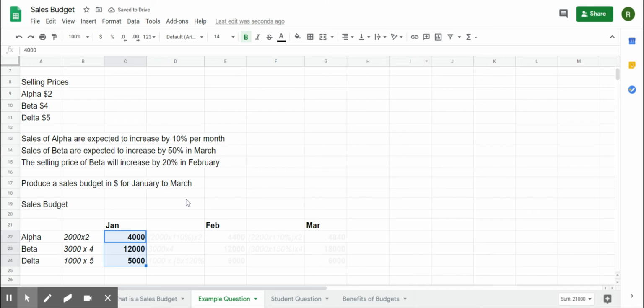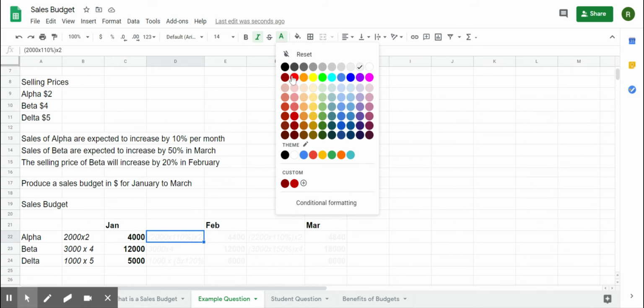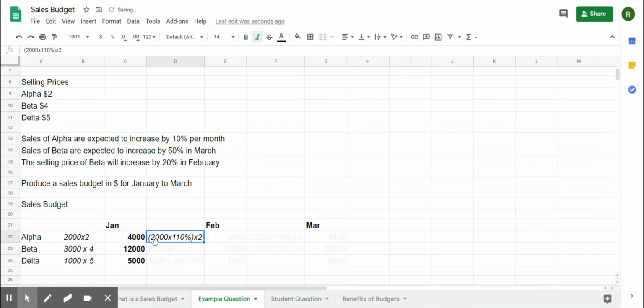And then a little bit trickier, but it's really like a word question you would have done in maths during your GCSEs. The sales of the Alpha are expected to increase by 10% per month, but nothing is going to happen to the selling price. So for month 2, 2,000 units times by 110% times by 2.